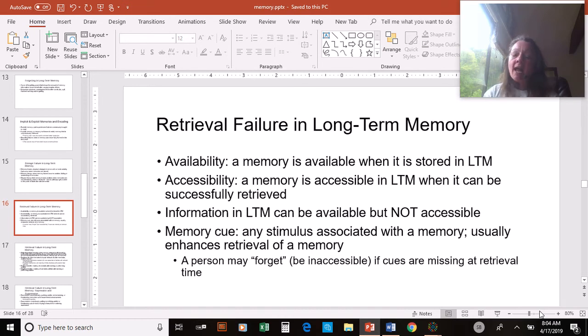And like I said, sometimes we have information in our long-term memory, but it's just not accessible. It's way down there in the sub-basement, with stacks and stacks of boxes and file folders, and we're like, oh, geez, I know it's in here somewhere, but I'm just not sure where. You may hunt and hunt and hunt, and you still just can't find it. But it doesn't mean that it's gone. It's just that you can't find it.